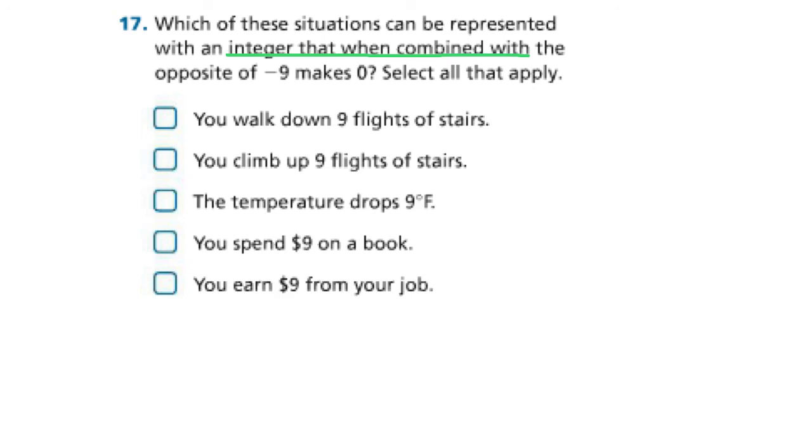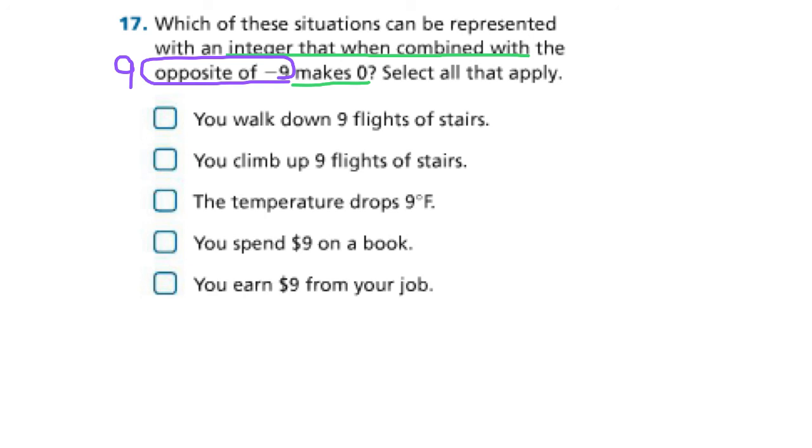This says the opposite of -9. Well, folks, what is the opposite of -9? It's 9. So we're trying to find an integer that when combined with 9 makes 0. Well, 9 plus -9 makes 0.